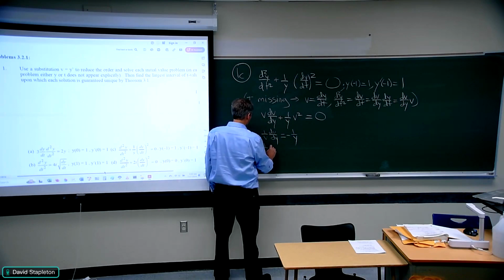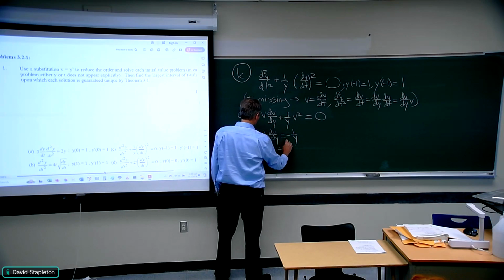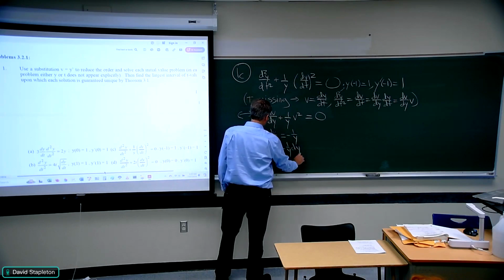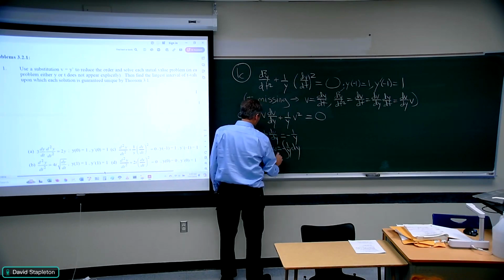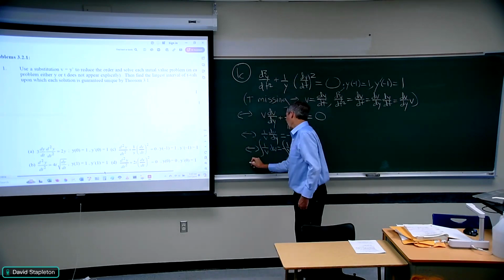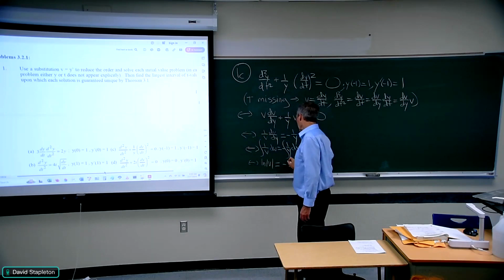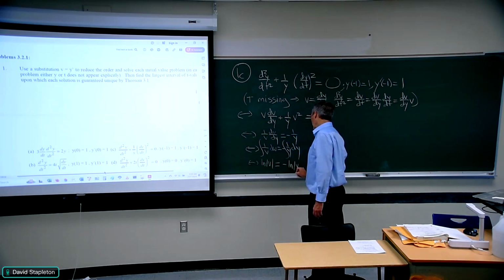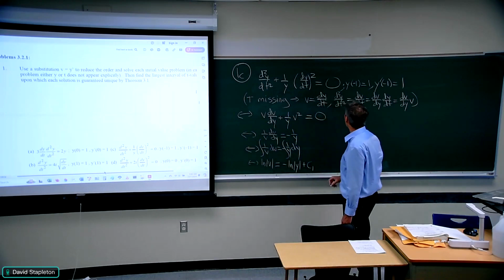So 1 over v dv equals minus 1 over y dy, and that means I can integrate it and get natural log absolute value of v equals minus natural log absolute value of y plus an arbitrary constant, call it c1.